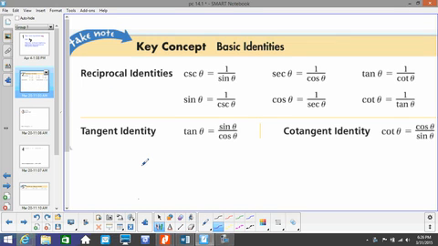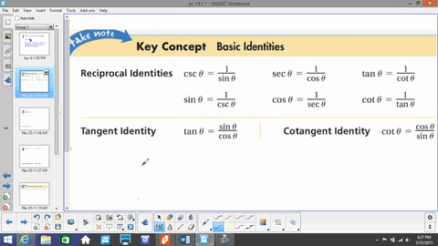Well, most of these really should look familiar. What they're doing now is just giving you them all at once and saying these are your identities. And we're going to use these identities to help simplify other expressions. Your reciprocal identities: cosecant is 1 over sine, secant is 1 over cosine, tangent is 1 over cotangent.